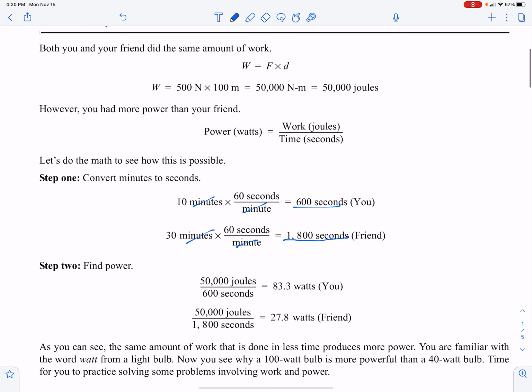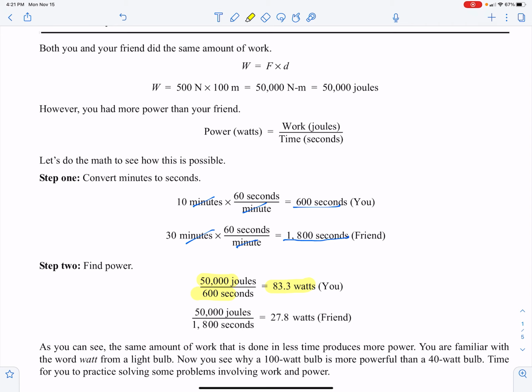So to find the power, we take the work that both you and your friend did, and you did 50,000 joules of work, and you did this in 600 seconds, which means you did 83.3 watts of power. You basically performed 83.3 joules of work every single second.